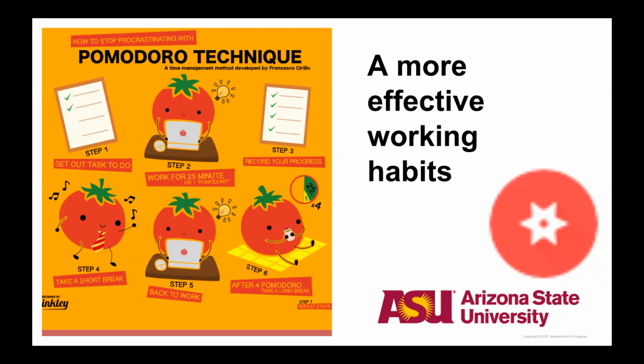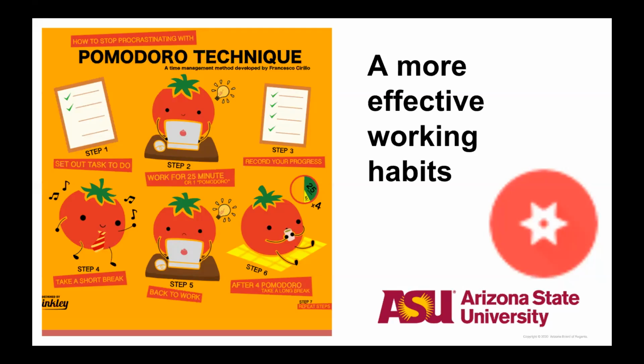Pomodoro has 6 steps. The first step is setting out a task to do. And the second step is working for 25 minutes. And the third step is recording your progress. The fourth is taking a short break. And the fifth step is going back to your work. So after finishing four Pomodoros, you should take a long break.